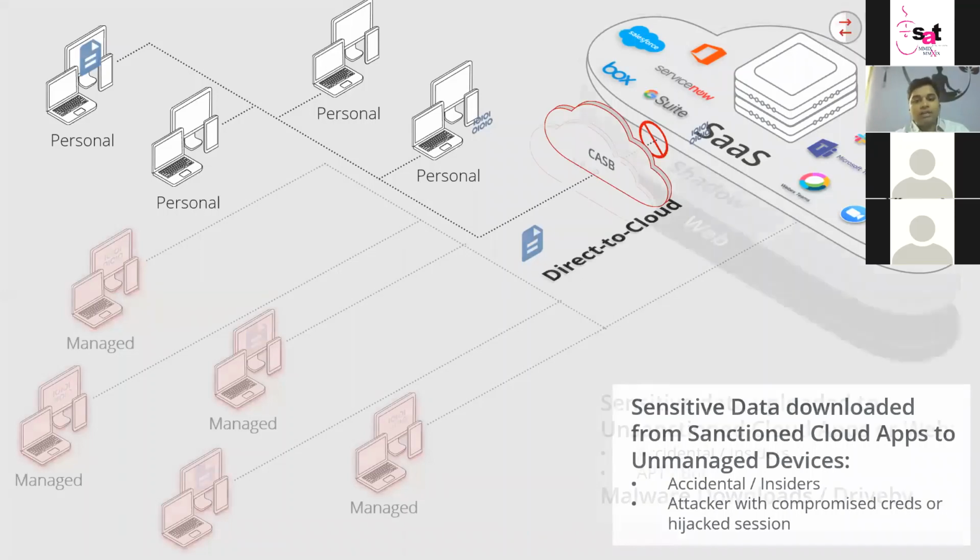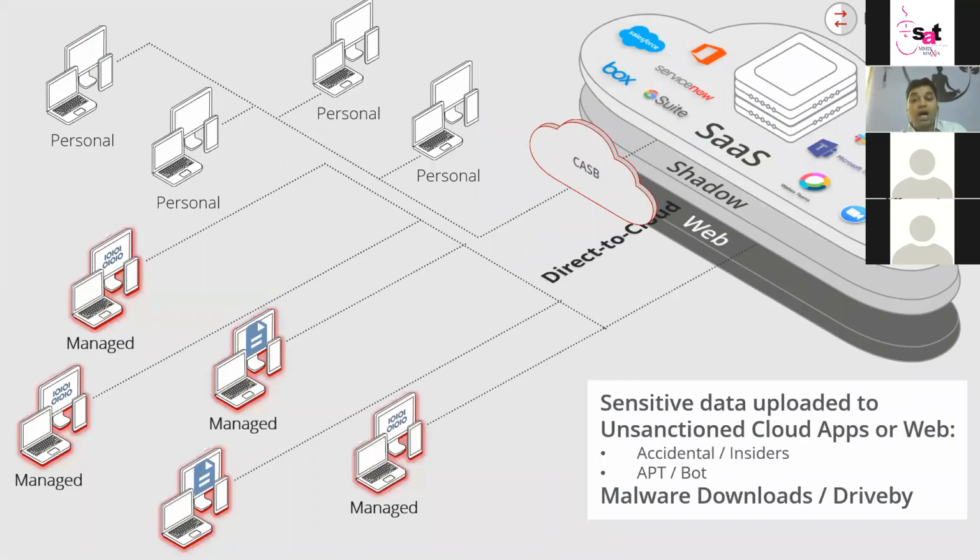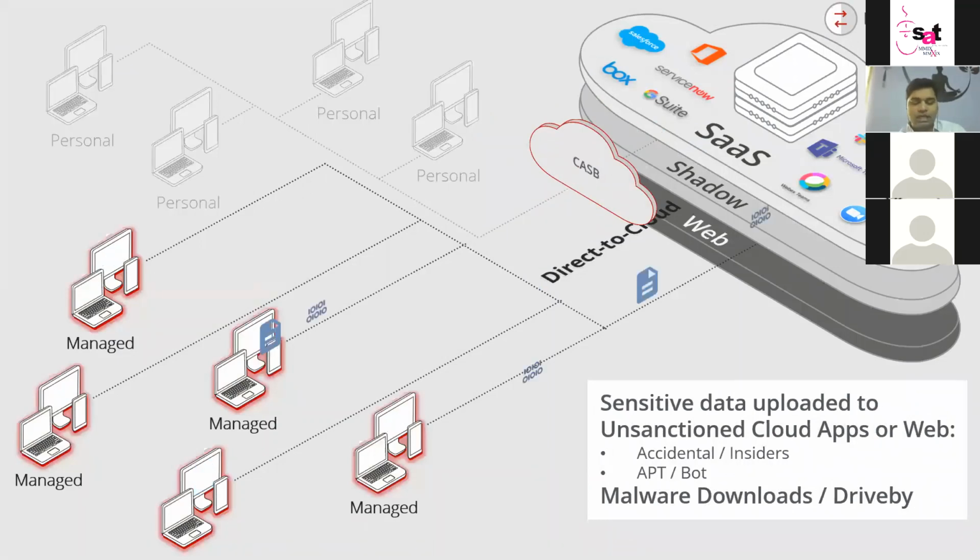So another scenario is sensitive data upload to an unsanctioned cloud app, which I also discussed a couple of slides back. But again, to reiterate, if you are using a managed device, a company-provided laptop, and you are accessing the web, if you're trying to upload certain sensitive content to an unsanctioned cloud app, like the examples I gave, SendSpace or PDF Converter or SourceForge, which are risky, you don't want that to happen.